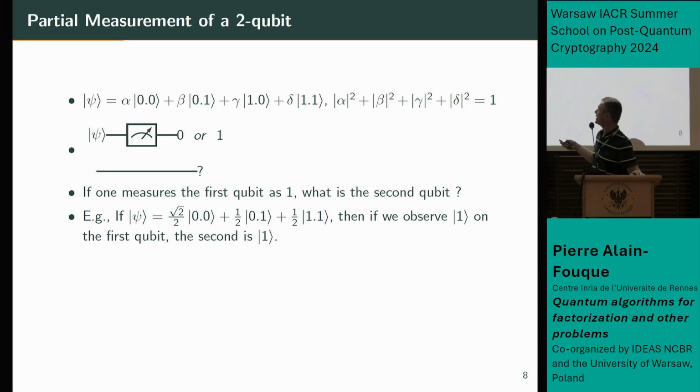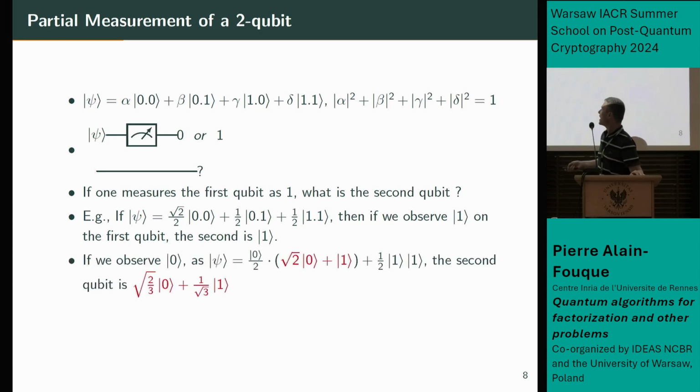I have this state. Now I assume that I measure the second qubit and it is 1. So I assume that this comes from this state. And if I measure the first qubit and it's a 1, then I am sure that the second qubit will be a 1.